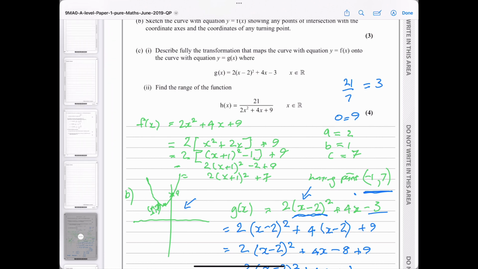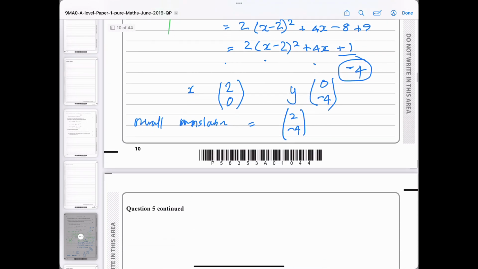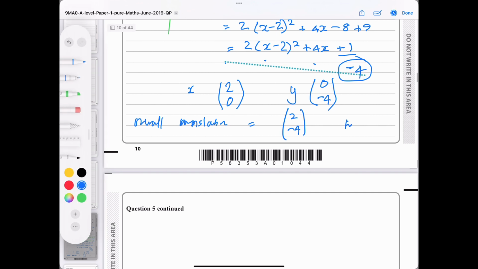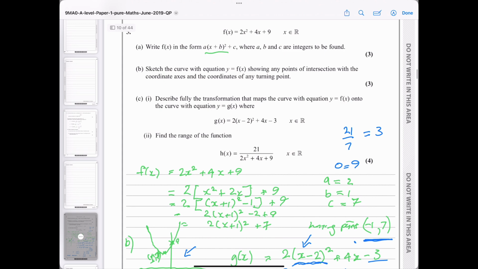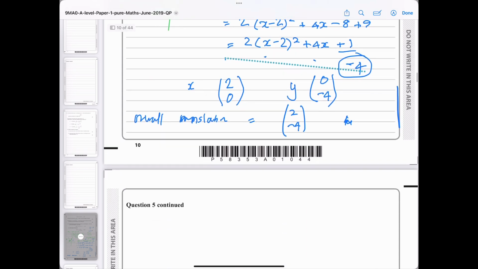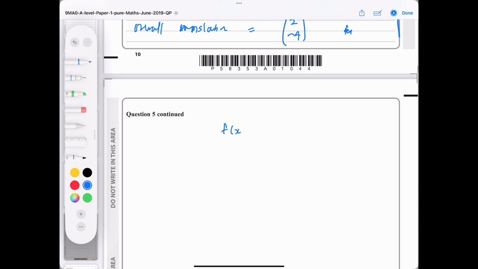So therefore our range is going to consist of, so the range of f(x) equals 7 to infinity. And that's us done.